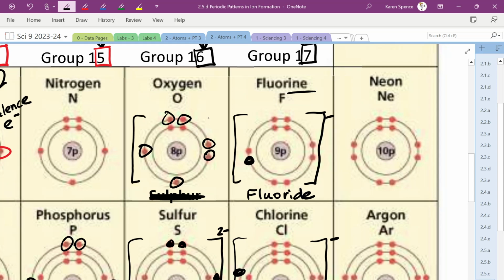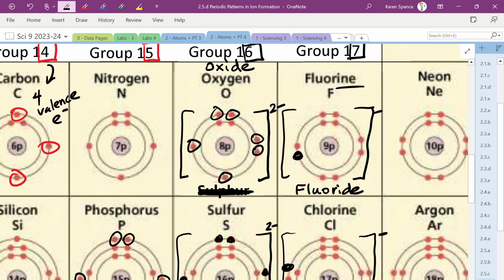Tell your partner what you think oxygen becomes when it becomes an anion. Not oxygenide. Just oxide. Oxide. Nitrogen, when it gains those 3 electrons, nitride.